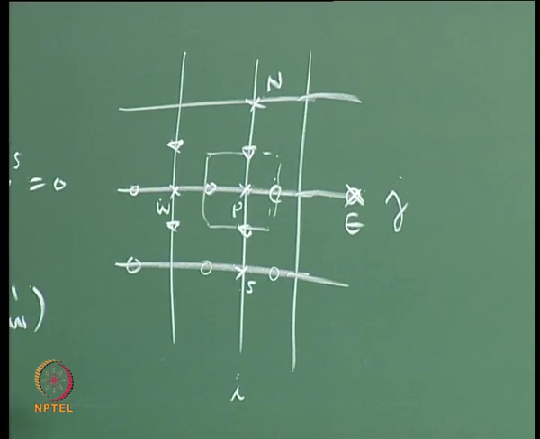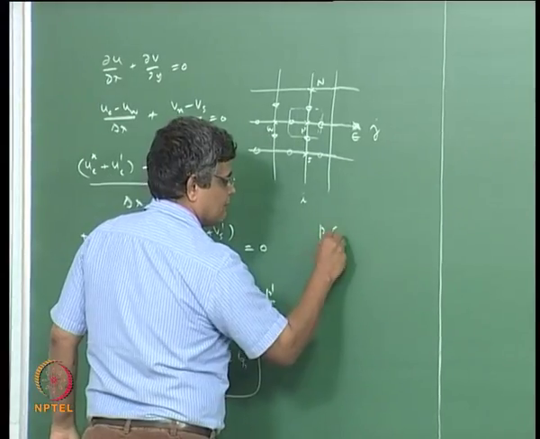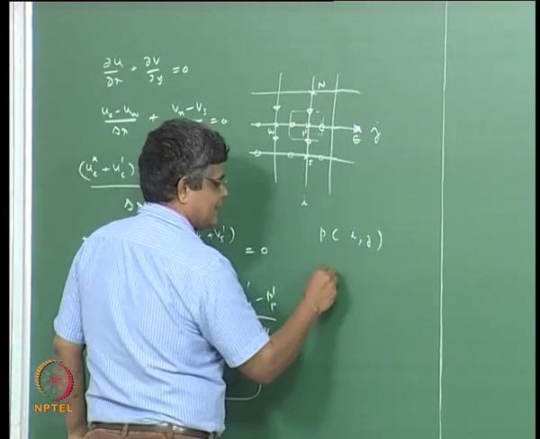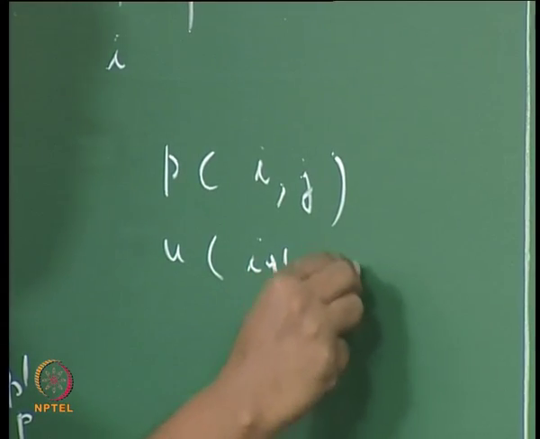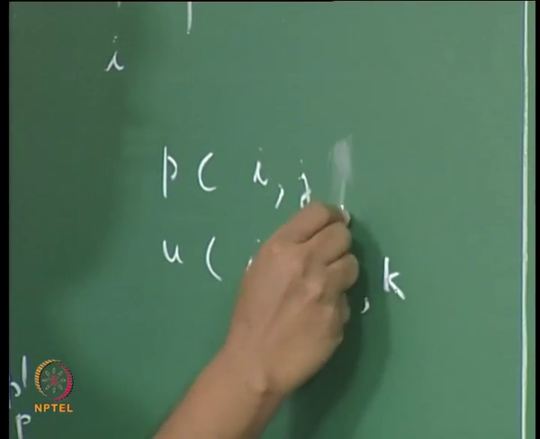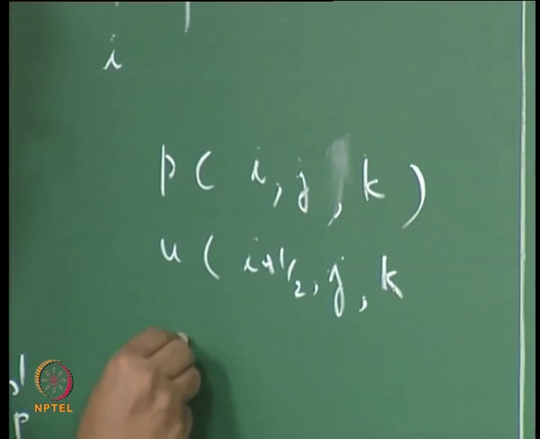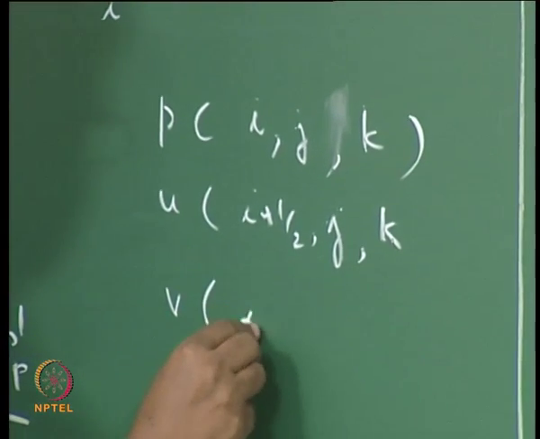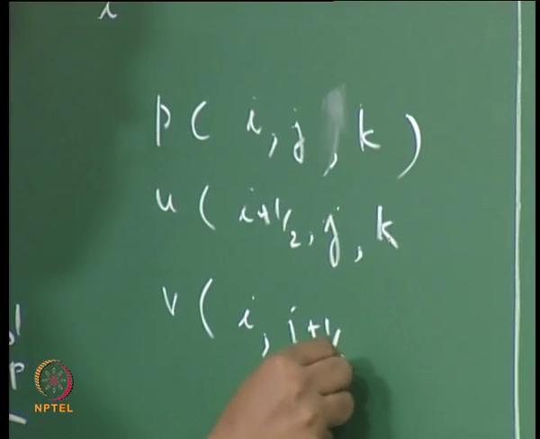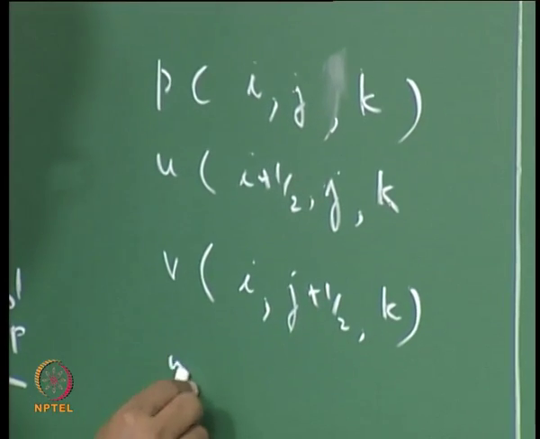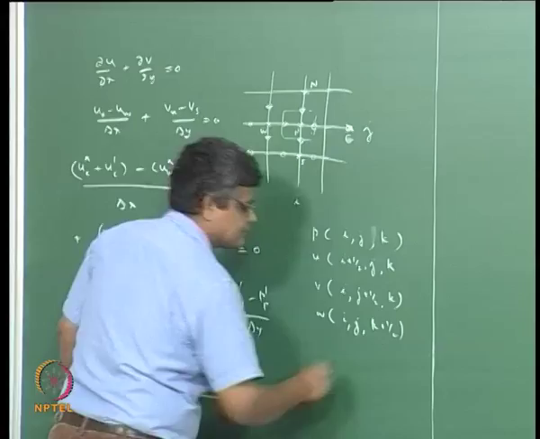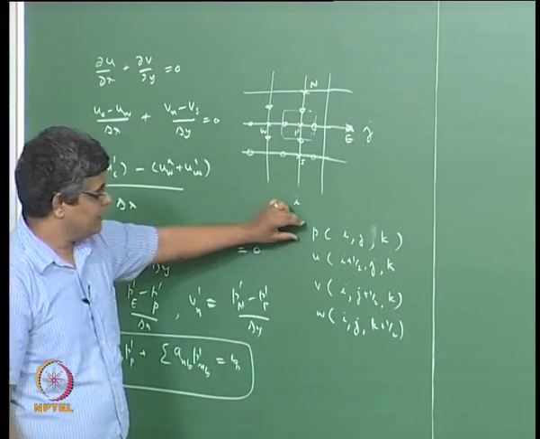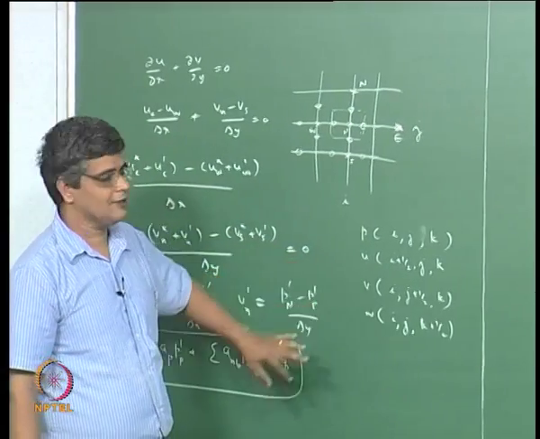And in the case of 3-dimensional flow, you have 4 grids, one for pressure at i j k, velocities at i plus half j k, the v velocities at i j plus half k, and w velocities at i j k plus half. So you have the main grid and then 3 staggered grids like this.